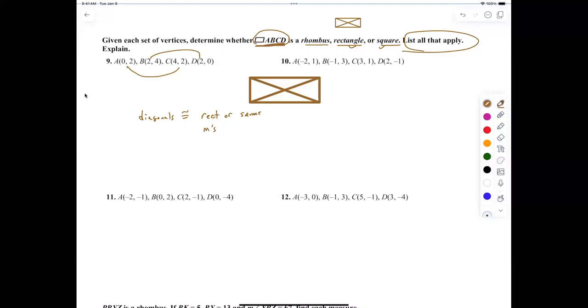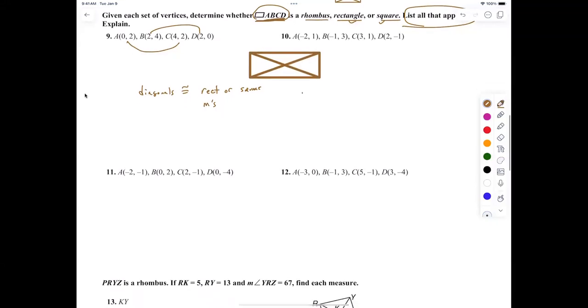Because a rhombus, right? So I understand your confusion. Here is a square. The definition of a square is all sides are congruent and all angles are 90. The definition of a rhombus just says all sides are equal.